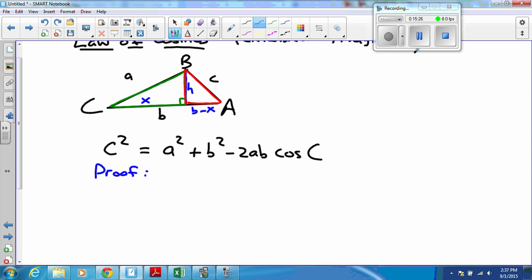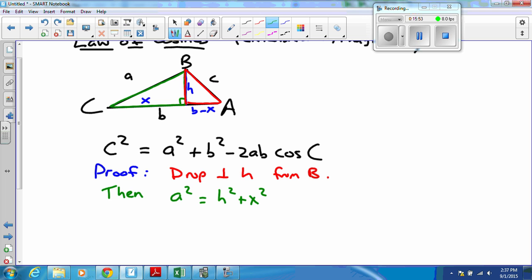Okay. So, when I apply the Pythagorean theorem, let me write what we've done. Drop perpendicular h from b. If I apply the Pythagorean theorem to the green triangle, then I get a squared is equal to h squared plus x squared.